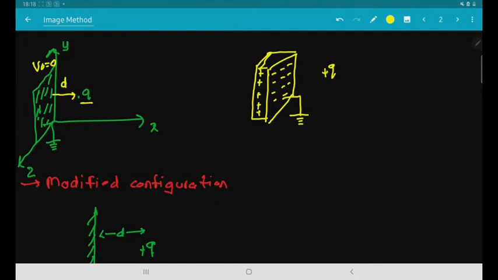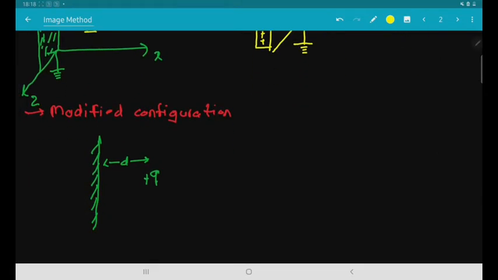Opposite charges should be there on the surface so that the potential on the surface becomes zero, because this positive charge is going to create positive potential. As we know, the formula for potential is kq by r. Positive charge will create positive potential here, so negative charge should remain on this surface to create a negative potential, which will make the total potential zero.